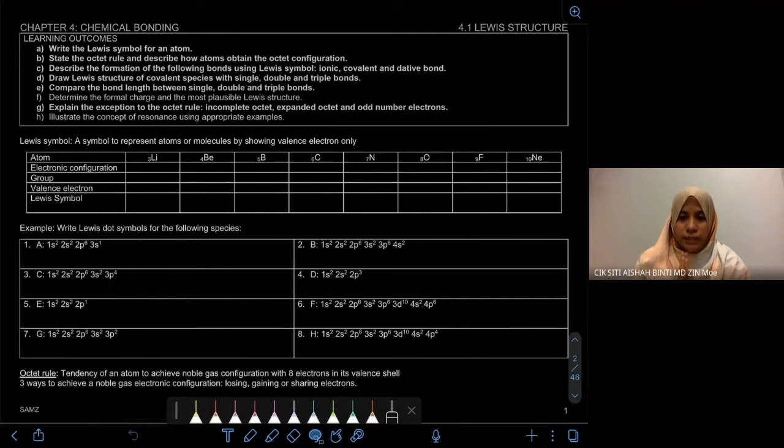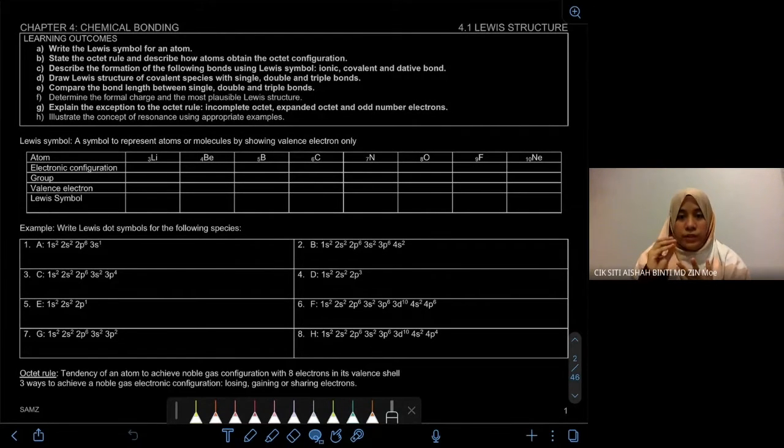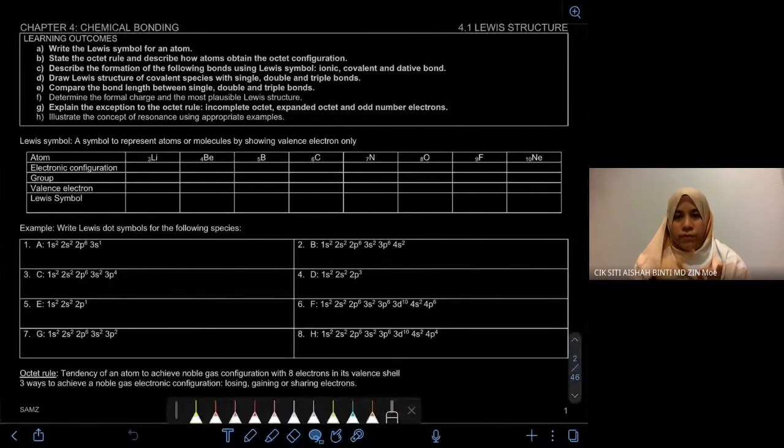So sekarang ni before we learn more about chemical bonding ni, kita kena tahu berapa sebenarnya valence electron dekat kita punya atom and how to draw it itself, so that nanti kita boleh tengok macam mana nak form ionic bond. Yang tu kamu familiar kan, ionic bond, covalent bond. Okay, ada yang baru kita akan belajar is actually dative bond.